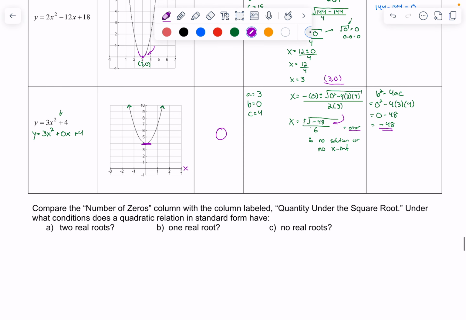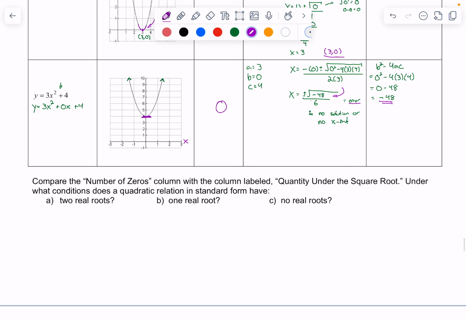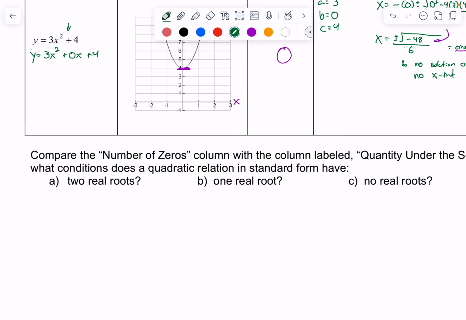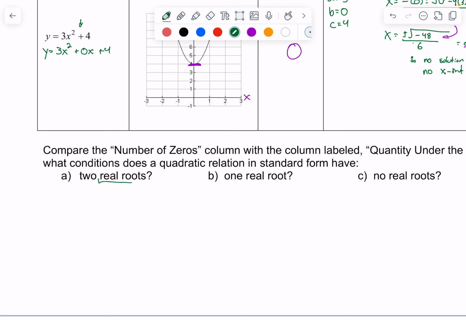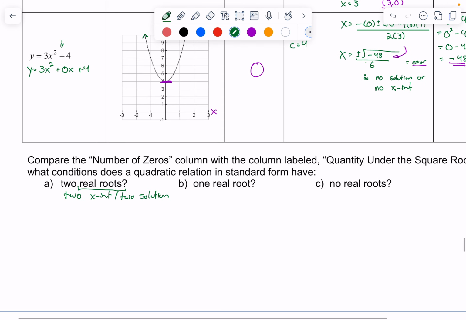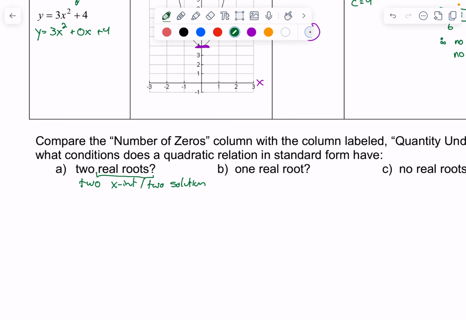So that's what this next one is asking us. Two real roots. Roots is just another way of saying you have two x-intercepts or two solutions. What was the condition of the quadratic that gave us two roots?